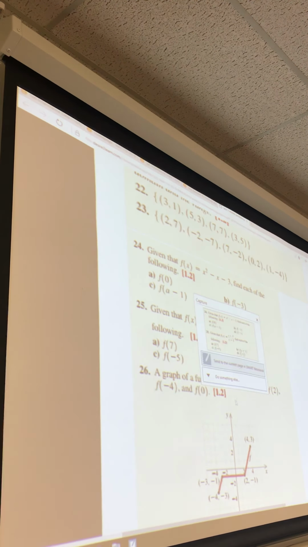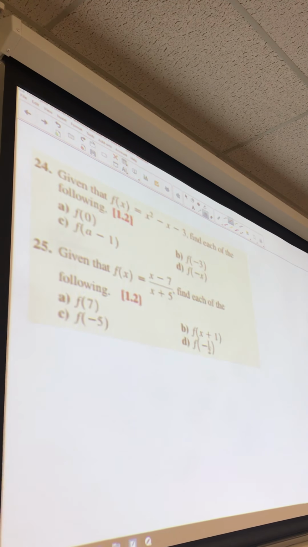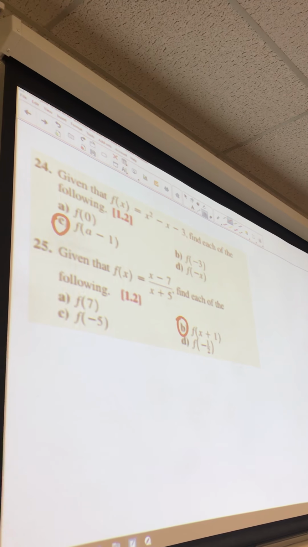Let's do the C and the B. All right, so the C one here and the B one here. A little bit trickier. So on 24C, f of a minus 1.